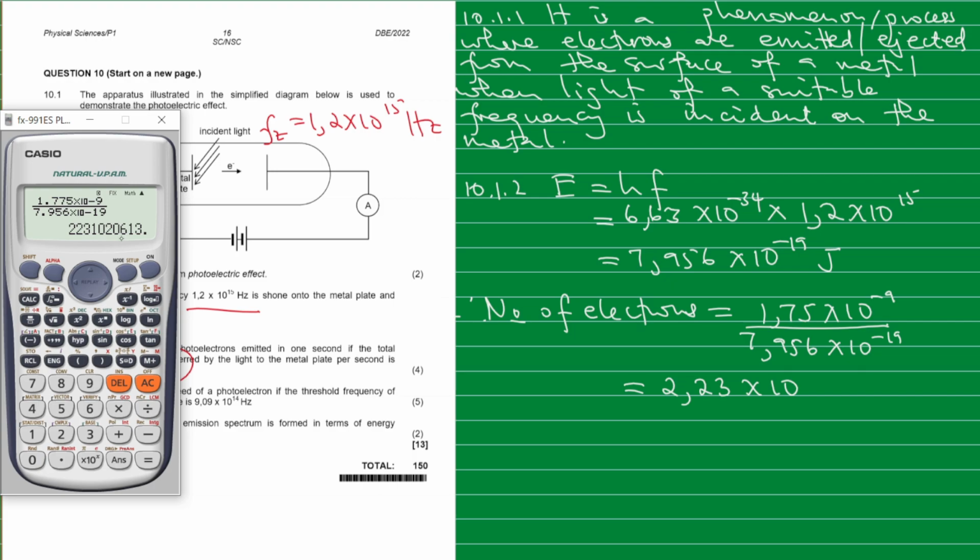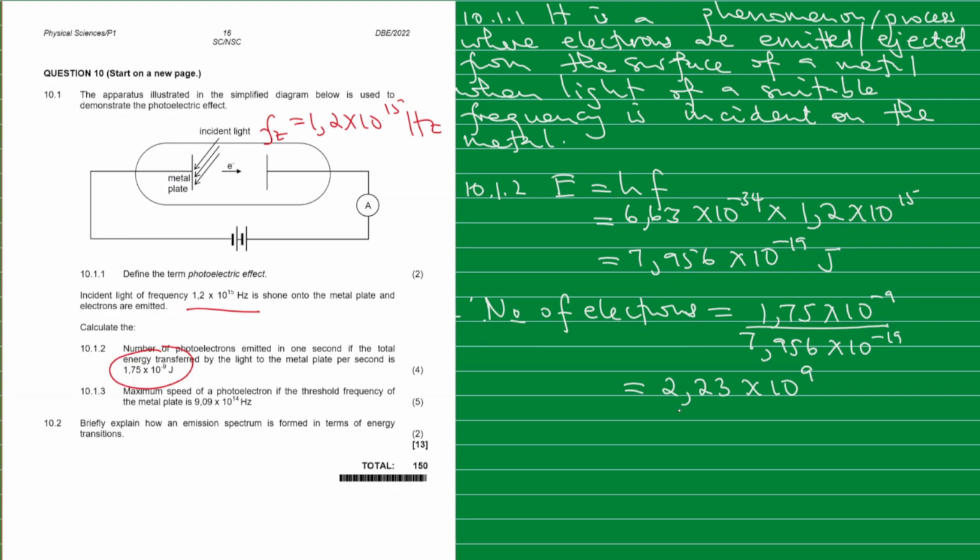Oh no, I set it to fixed. I want scientific, which is number 7, then 9. So that is 2.23 times 10 to the power 9. That is the number of electrons that we need.